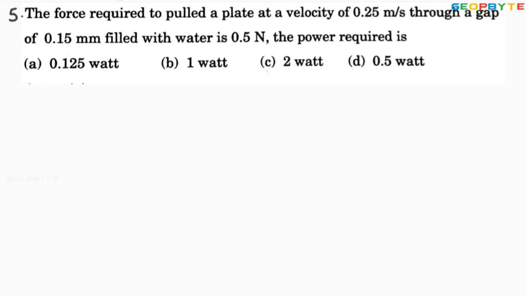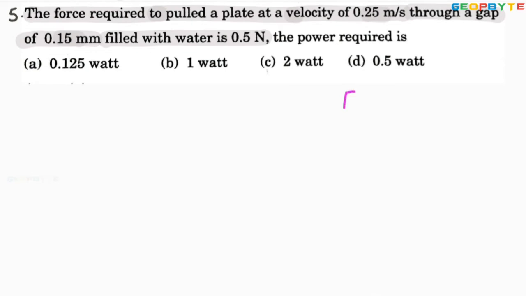Look at the fifth problem. The force required to pull a plate at a velocity 0.25 meter per second through a gap of 0.15 meter filled with water is 0.5 Newton.